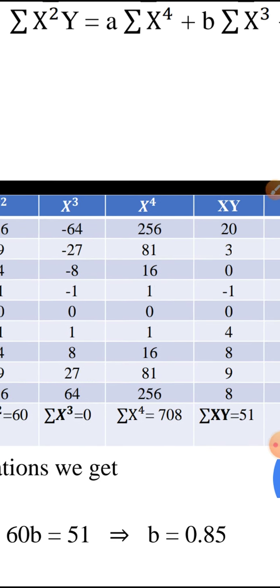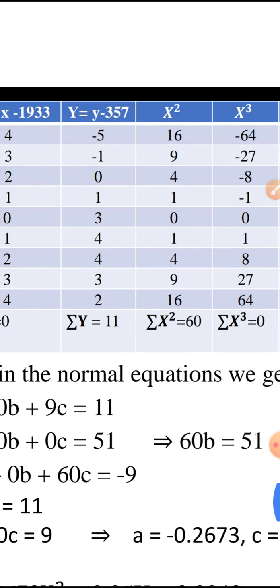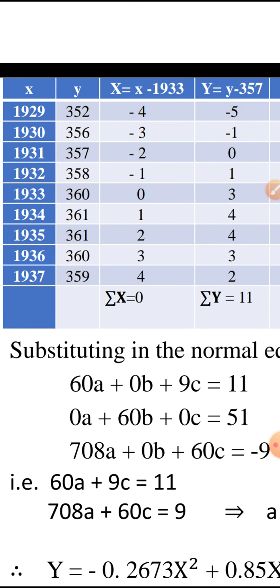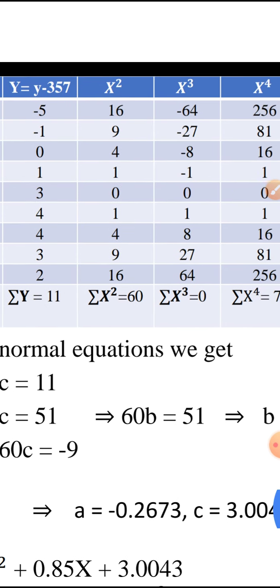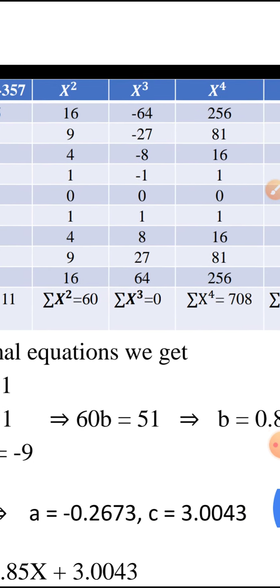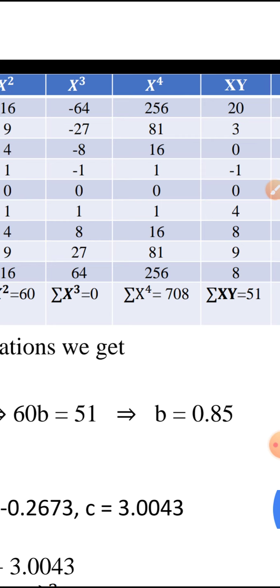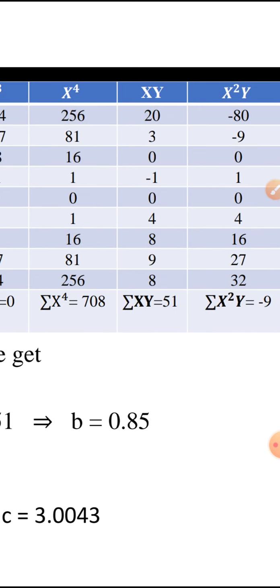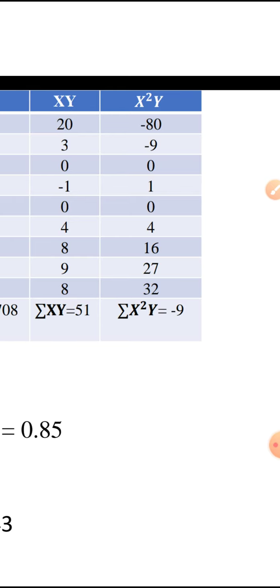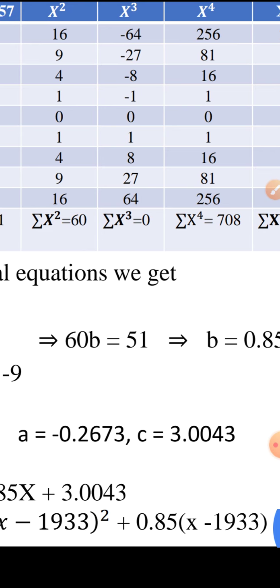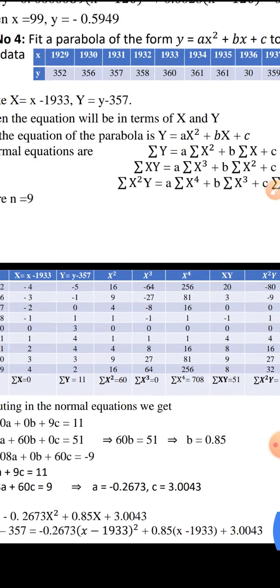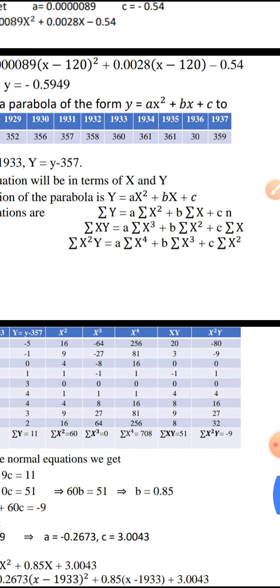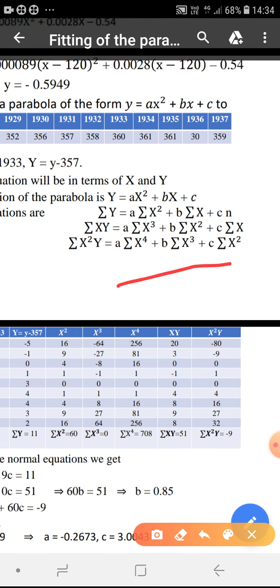Once all the entries of the table are completed, get the sums: summation X, summation Y, summation X square, summation X cube, summation X power 4, summation XY, summation X square Y. By getting these sums, you can put the values in the normal equations.